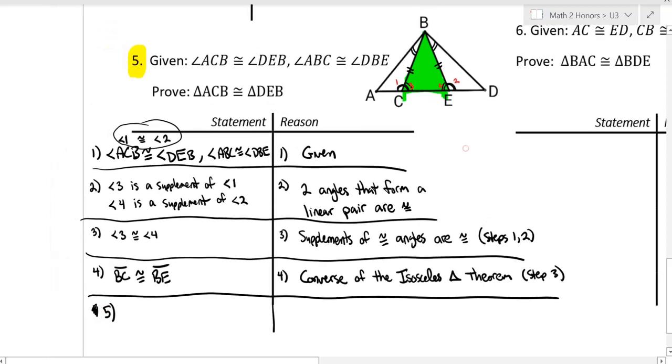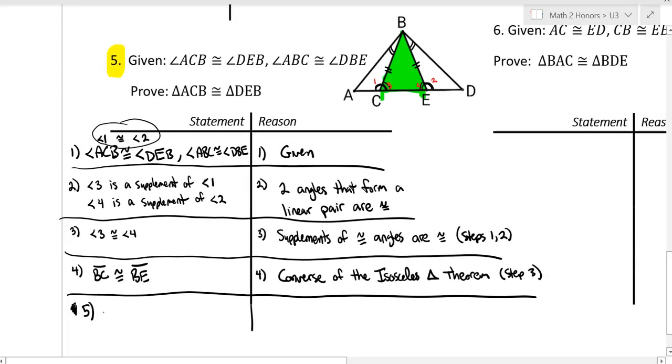We can go back to our original purpose, which was to prove that triangle ACB is congruent to triangle DEB. And we can say that they're congruent because of which shortcut? Angle, side, angle.